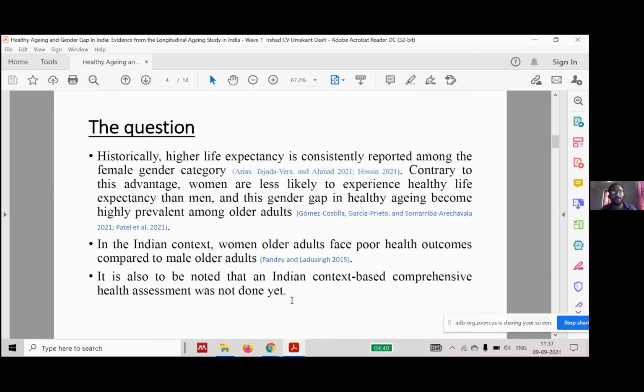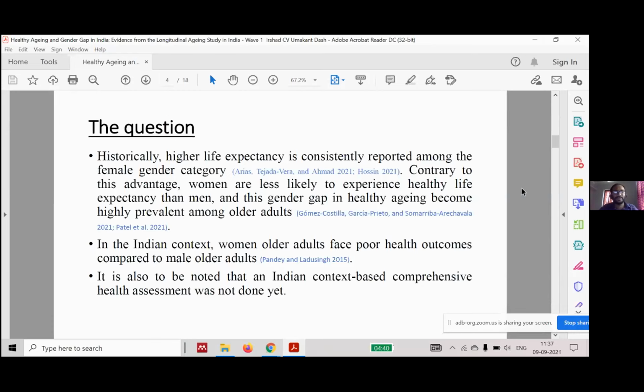But at the same time, there is evidence of a high likelihood of health risk among female older adults. So life expectancy is higher among females, but their health risk is also higher. In the Indian context also, we have evidence that women older adults have more health burden than male older adults. So in that context, we are trying to look at healthy aging from the gender perspective: what is the gap in healthy aging?